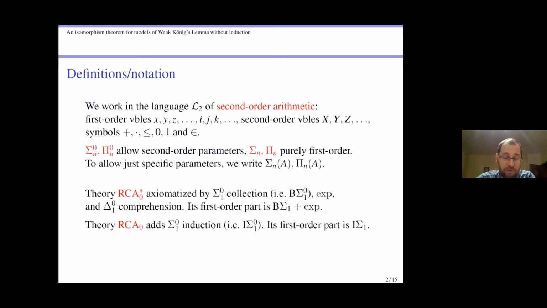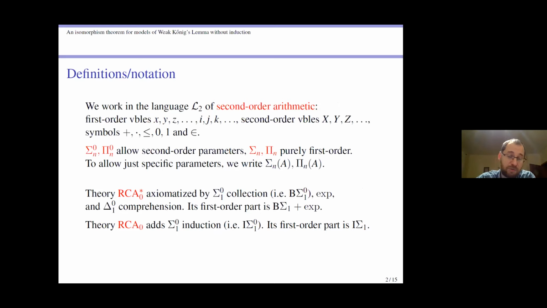So we have a two-sorted language with first-order variables for the natural numbers, which will be denoted by lowercase letters as usual, and second-order variables, which will be uppercase for sets of natural numbers. The non-logical symbols are the usual arithmetical symbols on the first-order sort, and then we have a membership relation between a first-order and a second-order element.